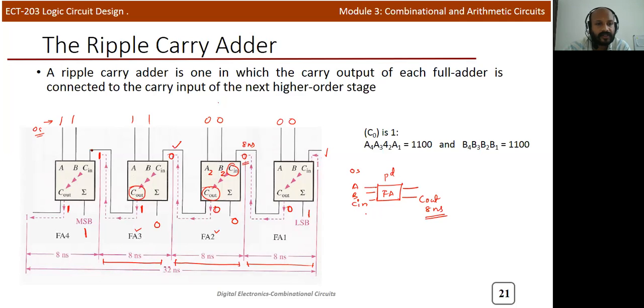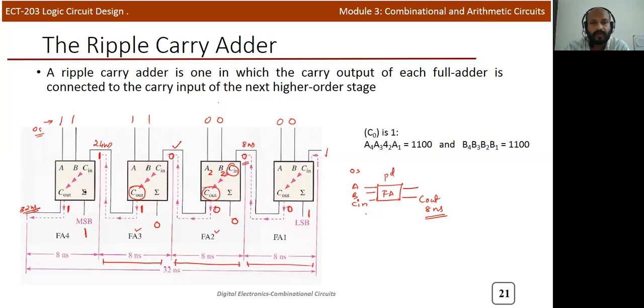After 24 nanoseconds, this carry out of 1 will be available, and after performing the operation, the C out of the fourth stage will be available again after 8 nanoseconds. So total 32 nanoseconds. If you take 8 in each stage, in the worst case, you need to wait up to 32 nanoseconds to get a proper output at the last stage.